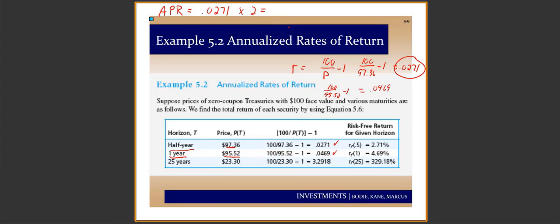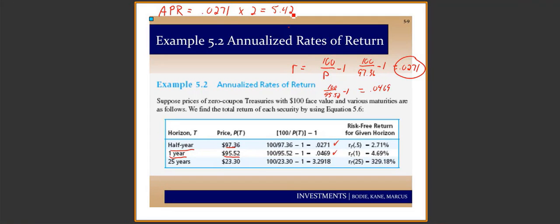That looks like it's going to be about 5.42%, I believe. 2 times 2.71 is 5.42%, which would be the annual percentage rate.